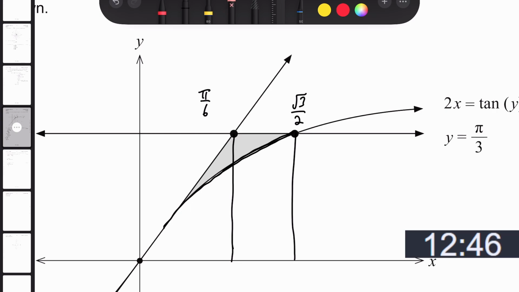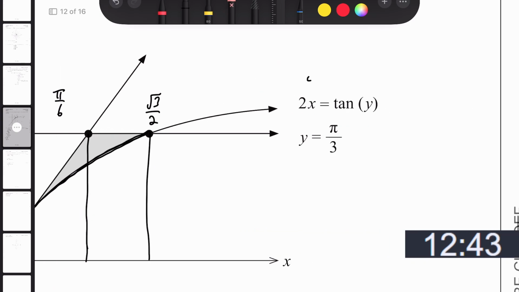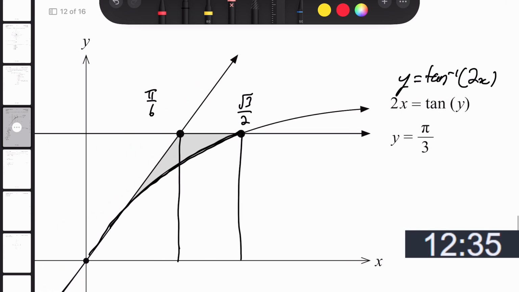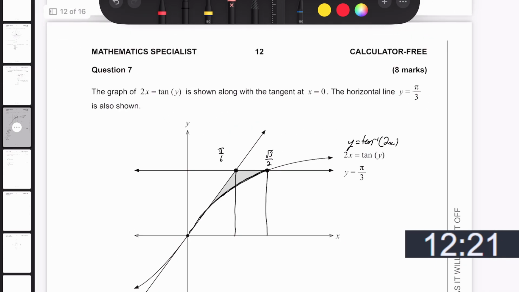No, because it's y. And y is equal to tangent negative 1 of 2x. It seems like any way I do this, I'm going to run into tangent negative 1.